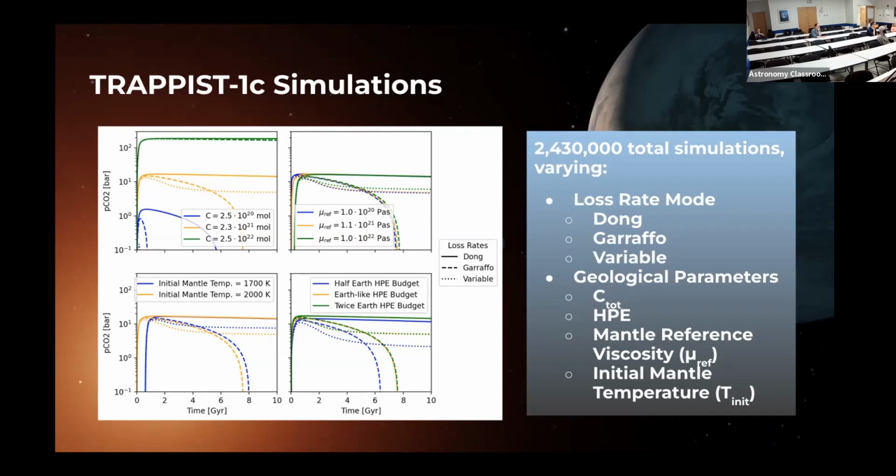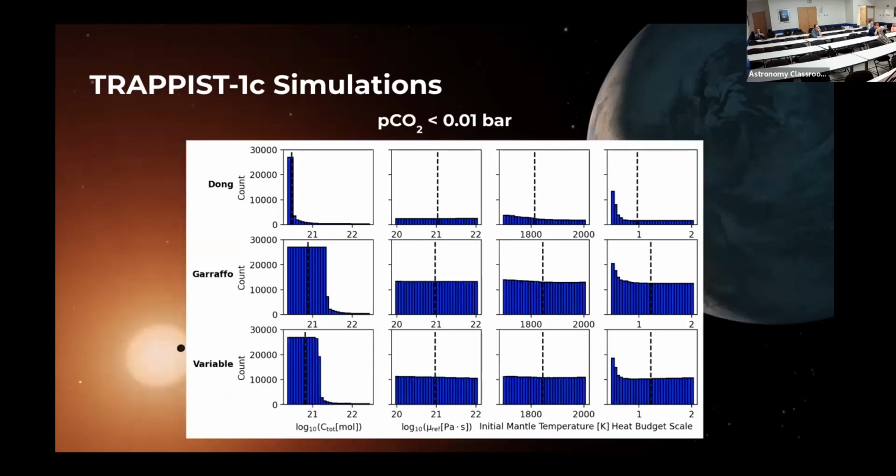And you can see here, atmospheric size and PCO2 are the same thing. You can see how the atmospheric size can go down over time depending on these loss rates and how much CO2 you start out with. That's the biggest thing: how much carbon you start out with inside the planet. Given that PCO2 is less than 0.01 bar, so assuming little to no atmosphere, these are our successful simulations.